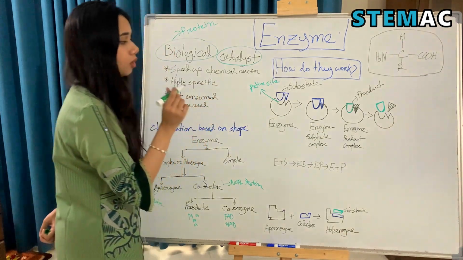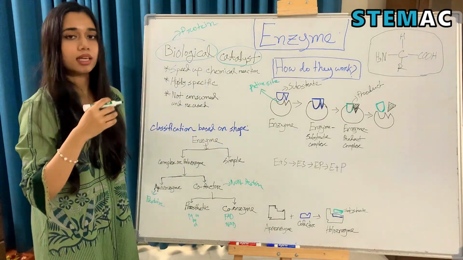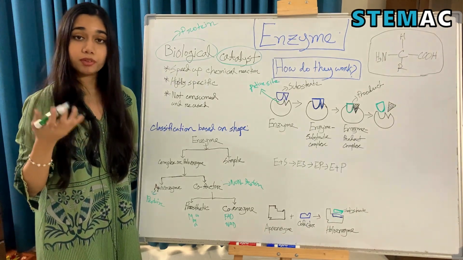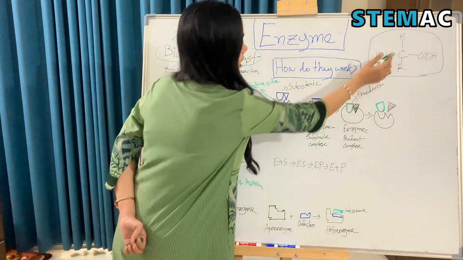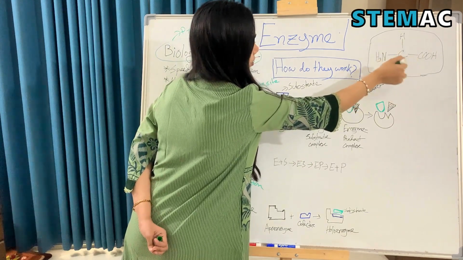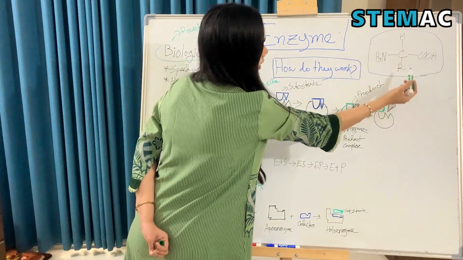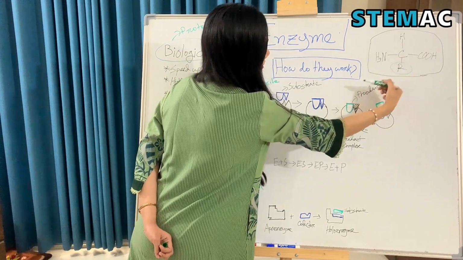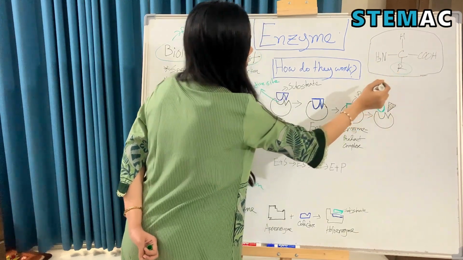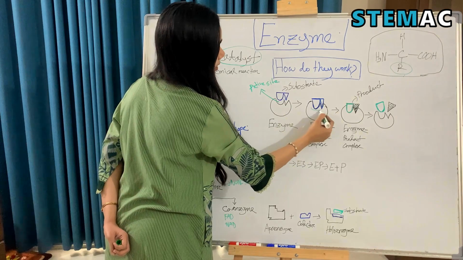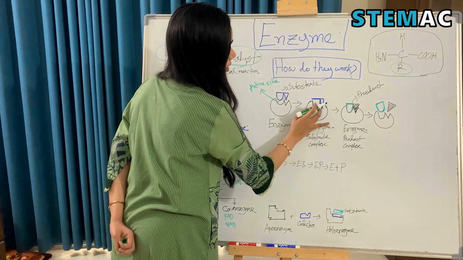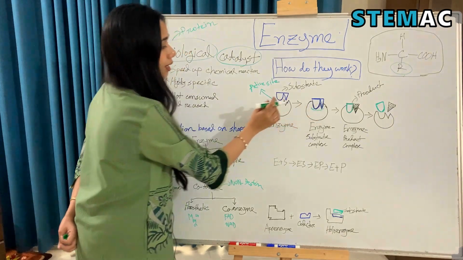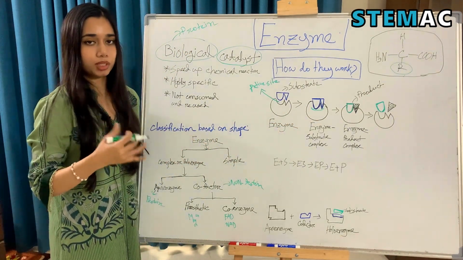So earlier we learned that enzymes are made up of proteins, and we know that proteins are made up of amino acids. So this structure here is a structure of an amino acid, and we know that amino acids have R side chains, right? So these R groups at the active site will interact with the substrate, and this interaction will break apart the substrate into products.